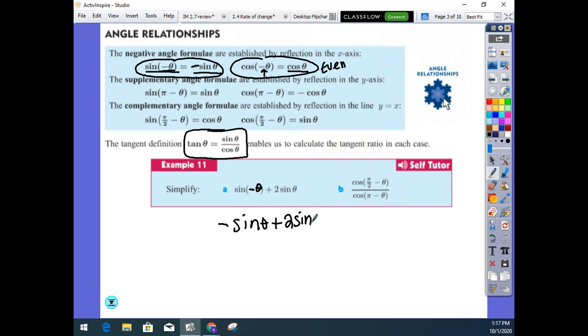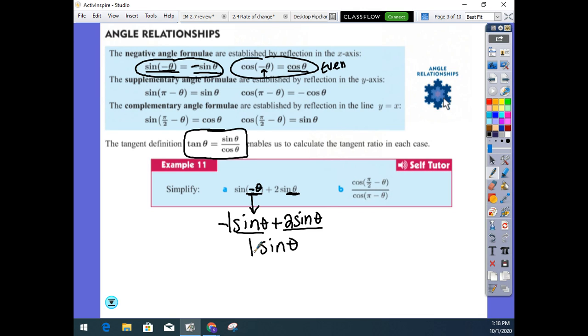Plus, because notice we couldn't add these because they're not like terms. This is negative theta, this is positive theta. So our goal is to replace everything with positive theta because now we have like terms. And you don't need the 1, but I'm just showing negative 1 plus 2 is positive 1.